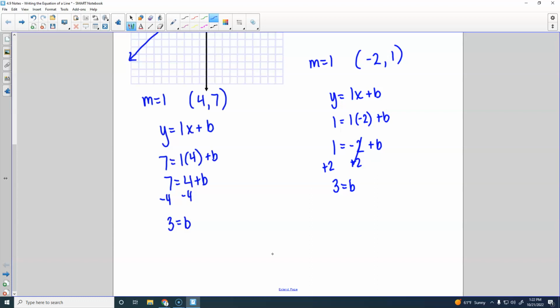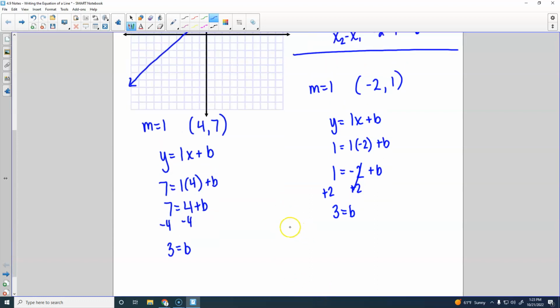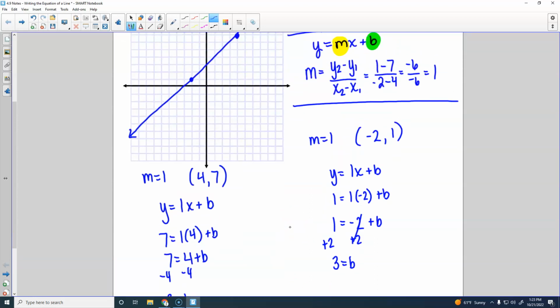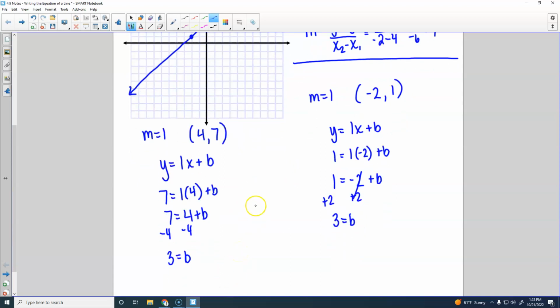All right. Those of you over here on the right side that are doing 4, 7, what did you get for your y-intercept? 3. Okay. What about over here? You should have also gotten 3. It does not matter which point you pick, because they are all points on the graph, so they should give you the same y-intercept. You don't have to do both parts, because I only told you to use one of the points.